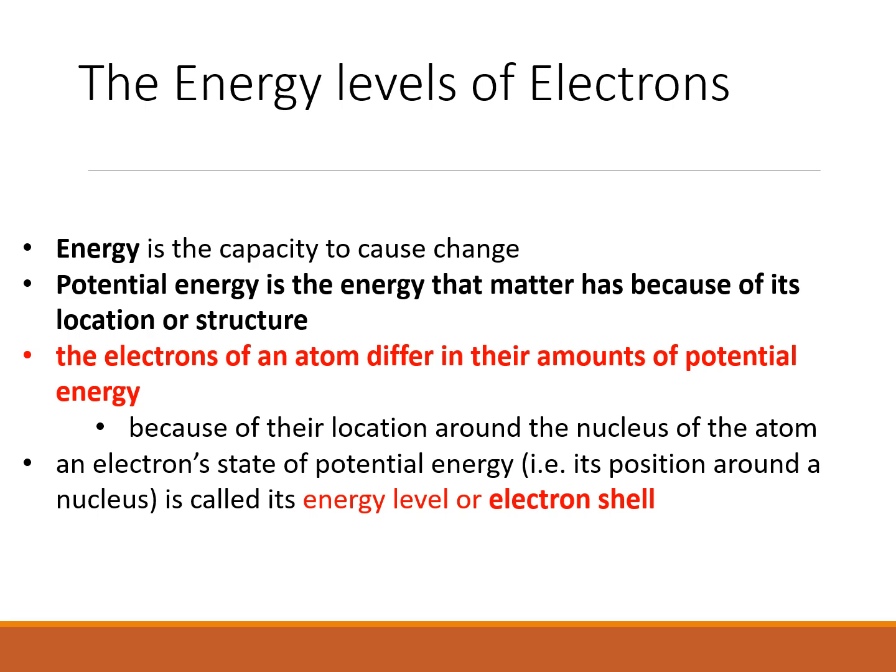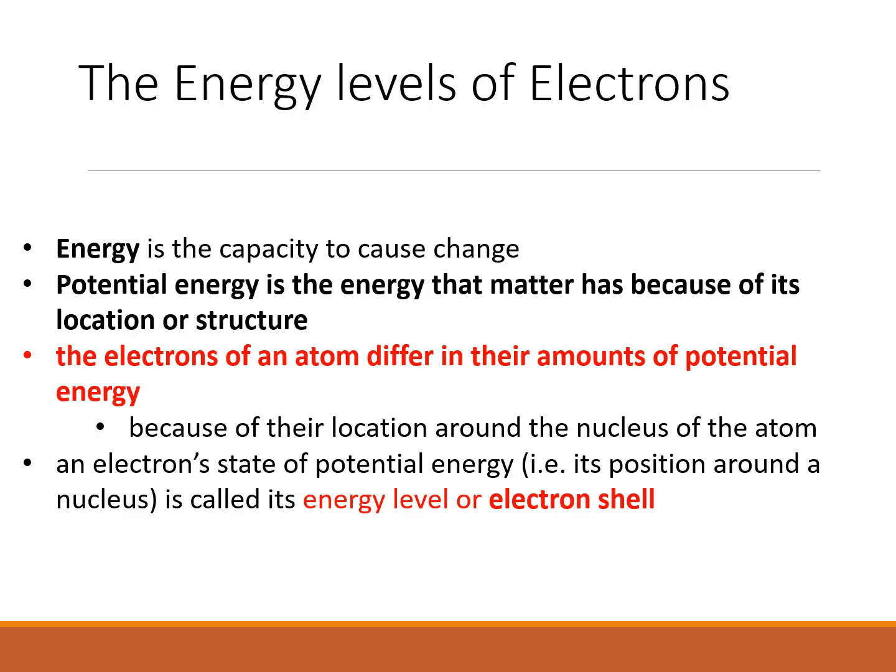Energy is the capacity to cause change. Potential energy is the energy that matter has because of its location or structure. The electrons of an atom differ in their amounts of potential energy because their location around the nucleus of an atom differs.